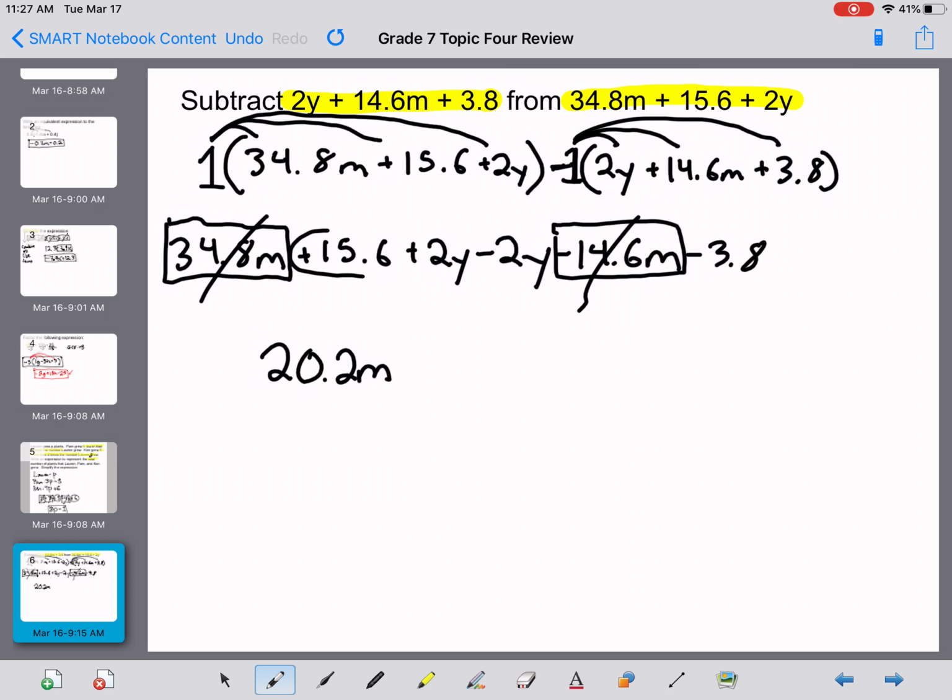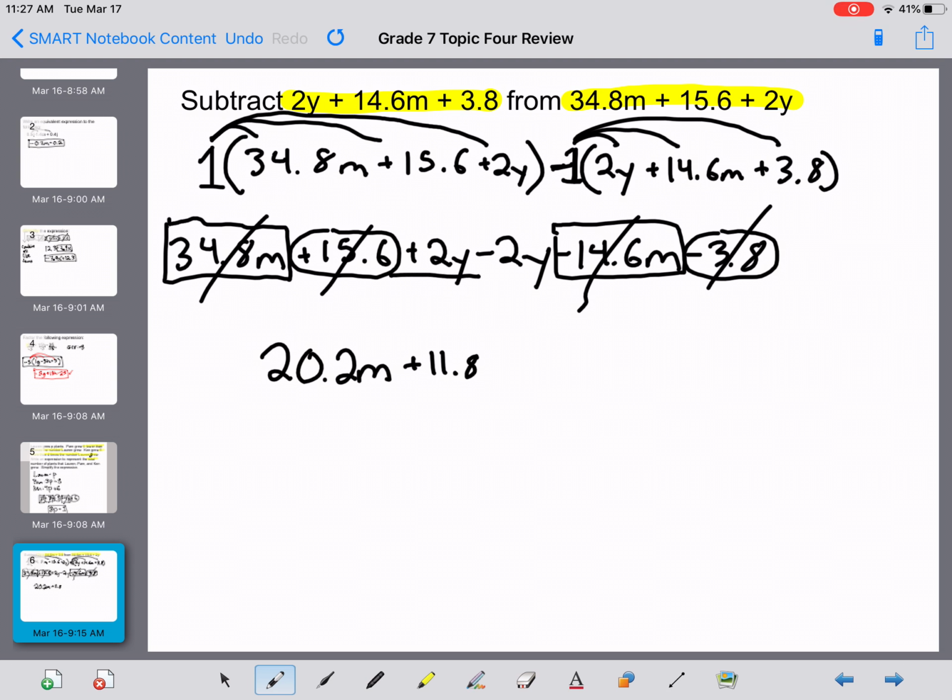The next term I come to is this positive 15.6. And the other like term to that is negative 3.8. 15.6 minus 3.8 is equal to a positive 11.8. And I use both those terms, so I will cancel them out.